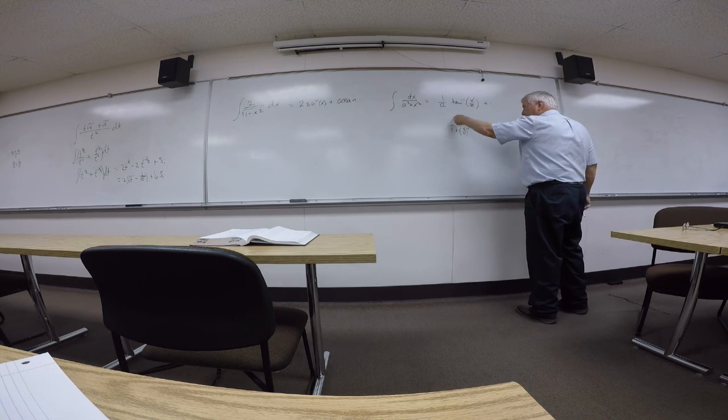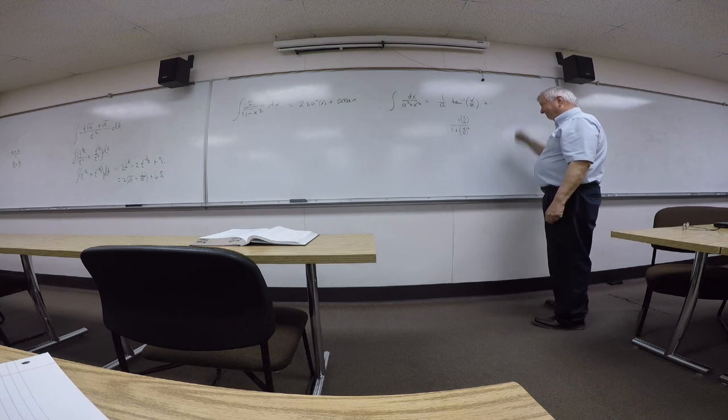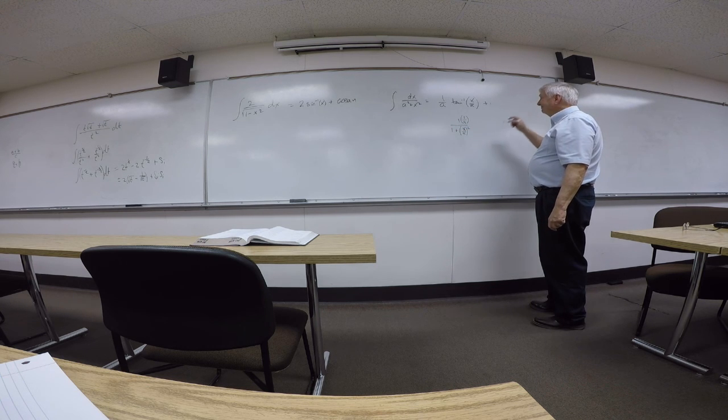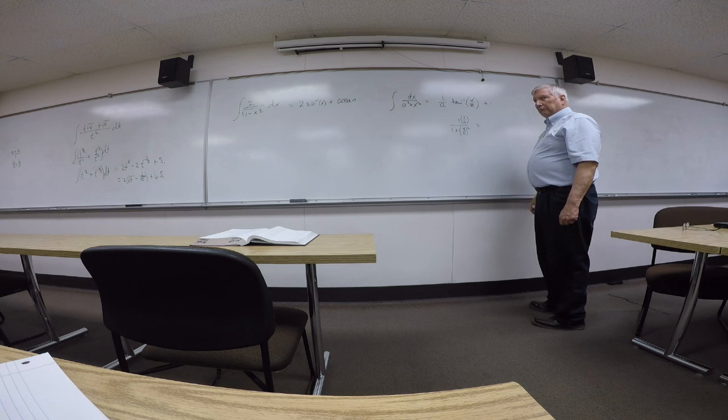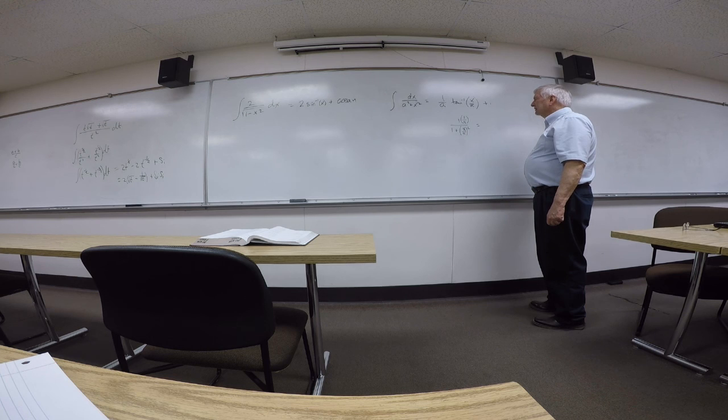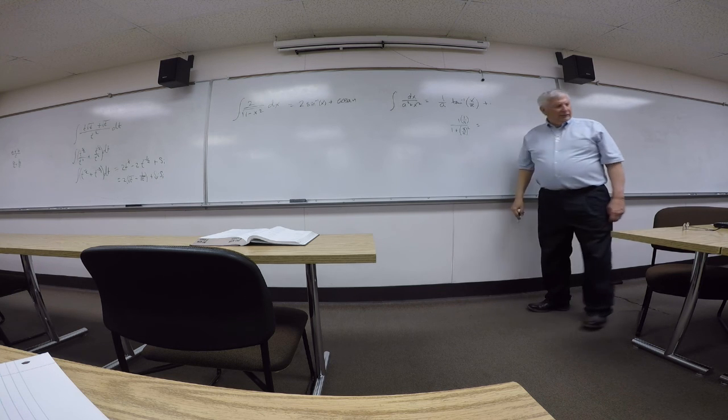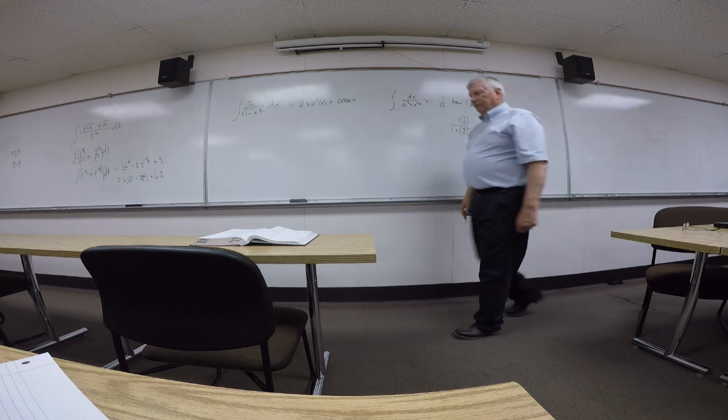Multiply through by 1 over a. Let's multiply through by 1 over a squared. That's not right. I've gone daffy here. What number is that?